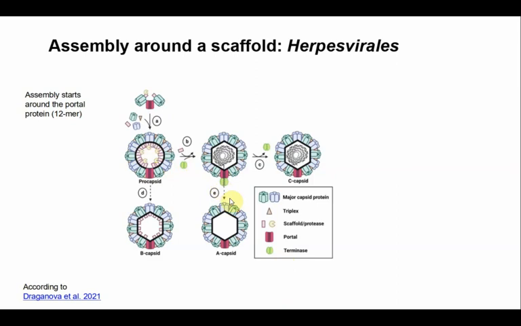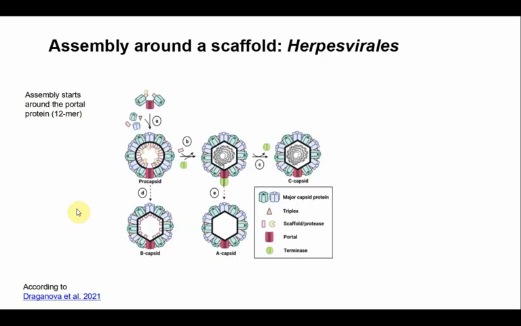And the terminase is the enzyme that will pack the viral DNA into the capsid. Once again, this is kind of a reversible step. The DNA can go in, the DNA can go out, but the process is completed when the terminase complex detaches. Once the terminase complex detaches, this portal is closed, so the DNA can't come out anymore.